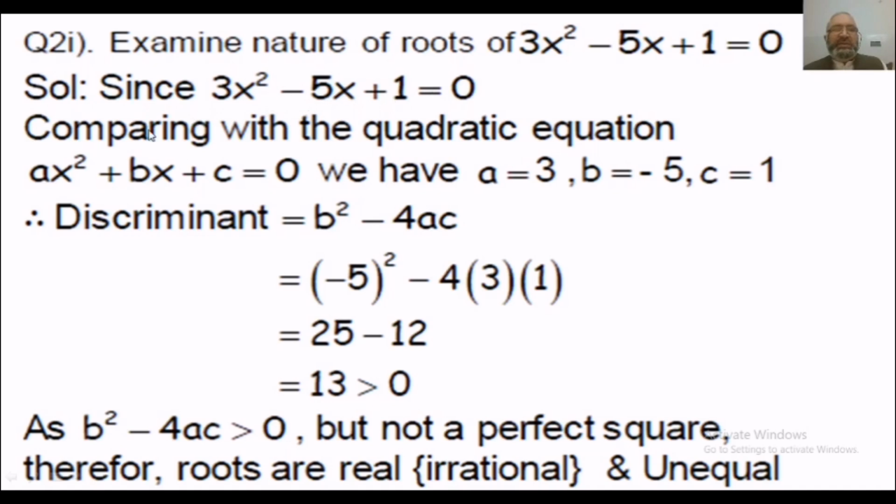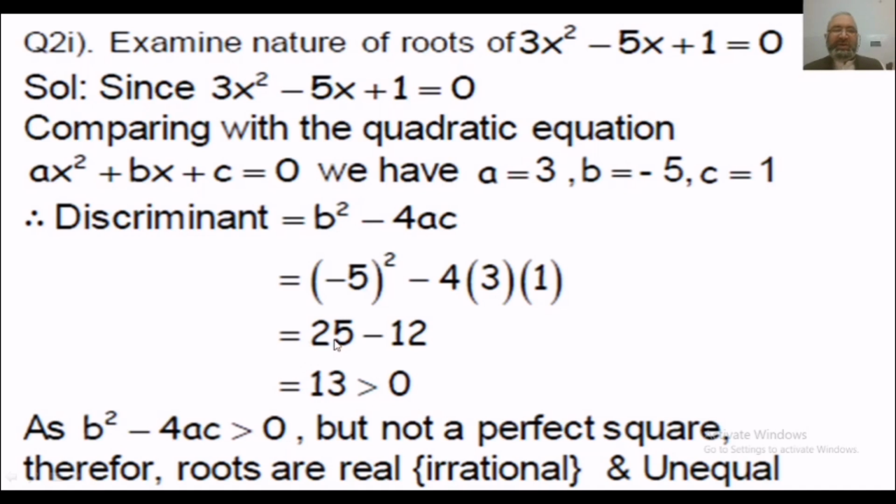So comparing this with the standard form of the quadratic equation, ax square plus bx plus c, we have a is equal to 3, b is equal to minus 5 and c is equal to 1. Thus putting the values of a, b, c in the discriminant b square minus 4ac, b is minus 5, so it becomes minus 5 square minus 4 into the value of a, 3, and c is 1.